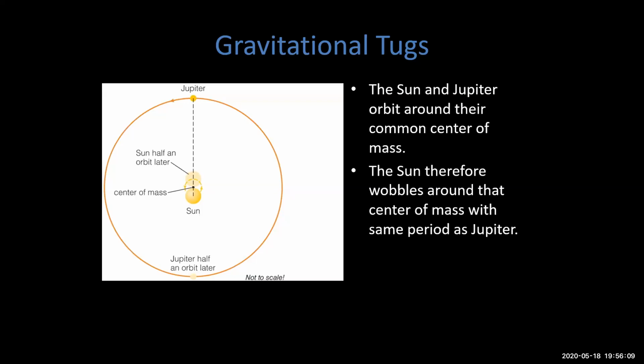As far as ways to detect these planets, the first one involves gravitational tugs. Large planets gravitationally pull on the stars that they orbit, and so a star should appear to wobble in position based on the planets orbiting around it.